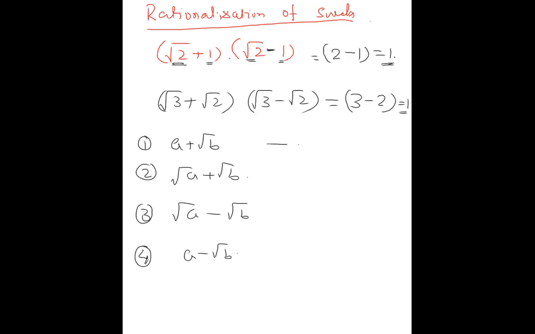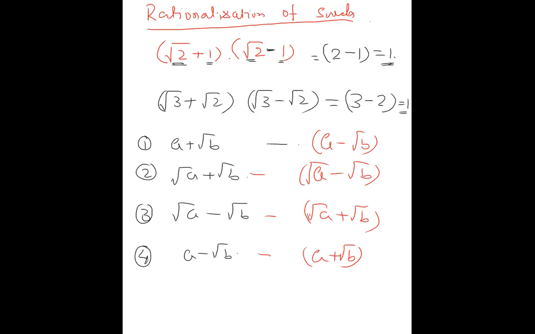Look, in every case, what you have to take as a rationalizing factor will be a minus √b for first case, second will be √a minus √b, third case √a plus √b, fourth case a plus √b, right? These are the rationalizing factors you have to take with respect to the given numbers. Please note it down carefully.